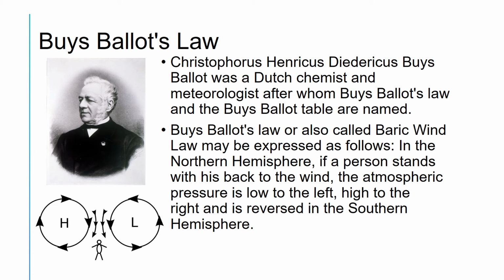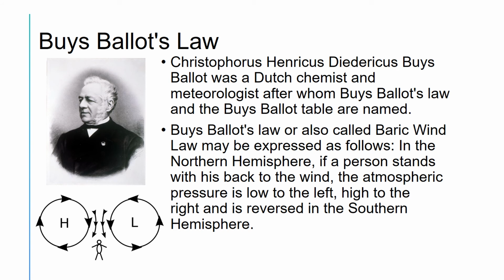Ang mangyayari lang sa northern hemisphere, pag hinarap nyo yung hangin, nasa right nyo yung low pressure at nasa left nyo yung high pressure. So, reverse naman sa southern hemisphere: kapag hinarap nyo yung hangin, yung nasa right nyo, ang high pressure, at ang nasa left nyo, ang low pressure.